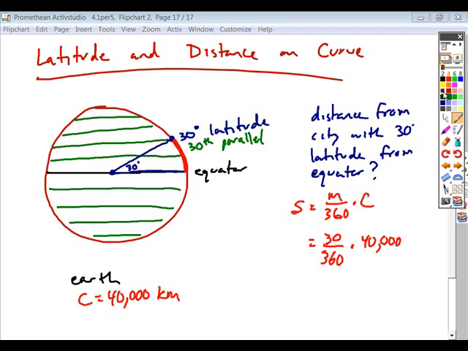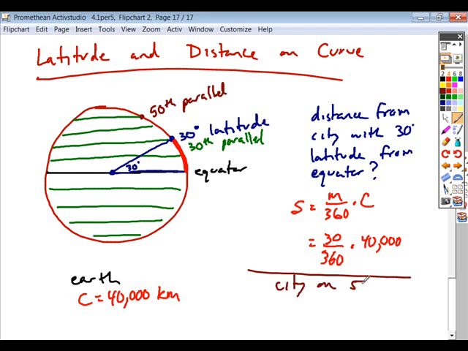Okay, so if I gave you a problem that asked, let's say you have a city on the 50th parallel, which is just another way of saying it has 50-degree latitude, and I asked you how far to the North Pole. If you're dealing with this city on the 50th parallel, that means this whole angle right here is 50 degrees.